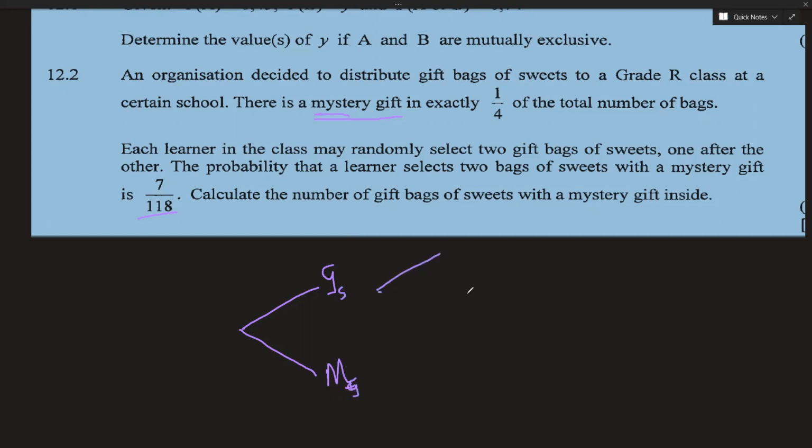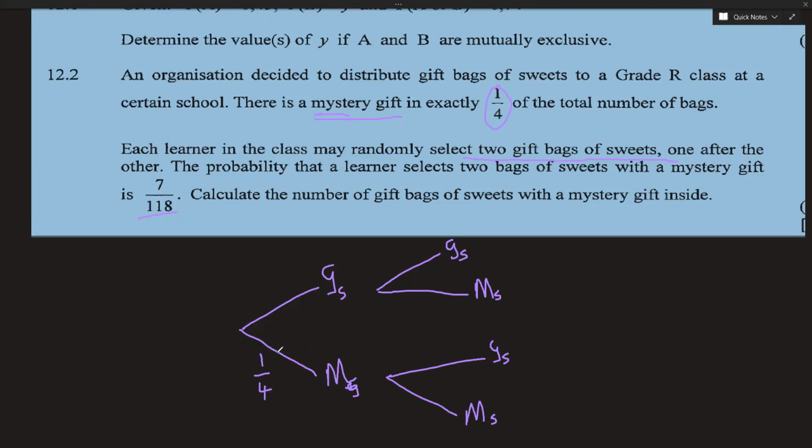Remember the learner is selecting twice. So I'll say GS and then MS for mystery, and then GS and MS there. Now we need to put probabilities here. They say there is a mystery gift, so the probability is 1/4.